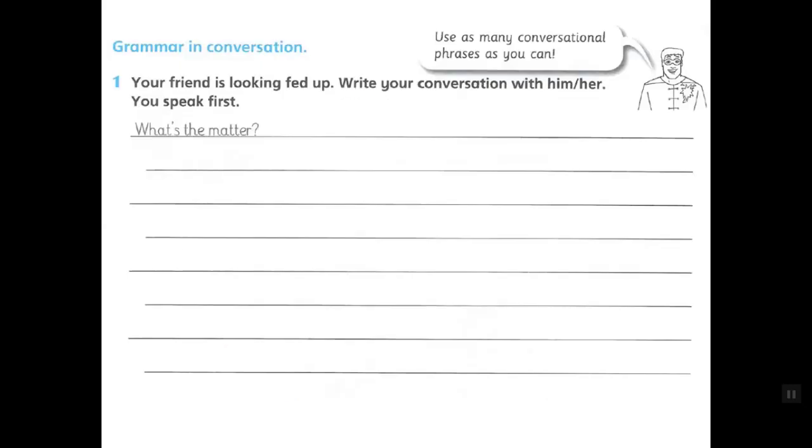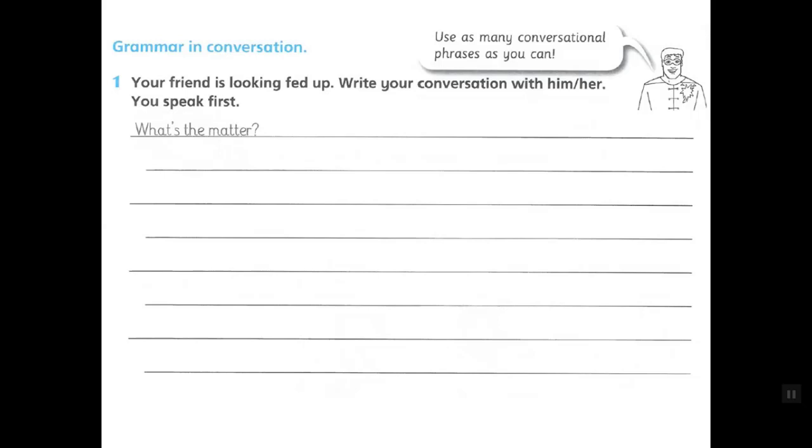Next exercise, grammar in conversation. Use as many conversational phrases as you can. Your friend is looking fed up. Write your conversation with him or her. You speak first. So you ask him, what's the matter? And then you continue the conversation. Here, you have to know that it's okay to write a different conversation.